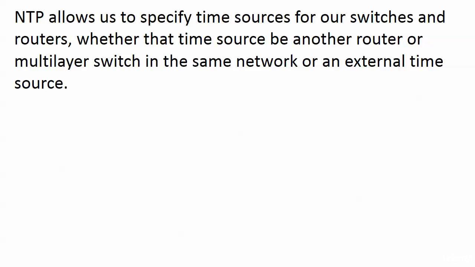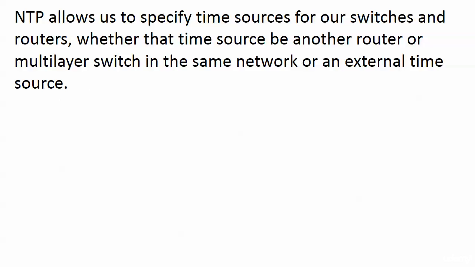And what it does, it allows us to specify time sources for our network devices, whether that time source be another device in our internal network, say a router or a multi-layer switch, or it could be a time source outside of our network.